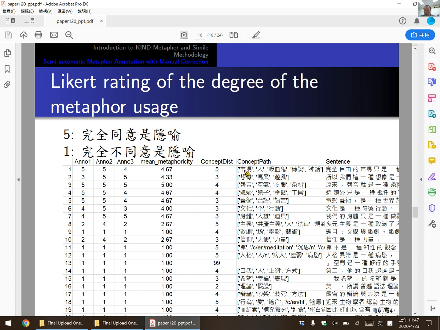So we have such a concept path between the two concepts based on ConceptNet 5.5. If we calculate the total length of this list, it is 5, since there are 5 concepts in this path. So we investigate the correlation between the mean metaphoricity and this concept distance.